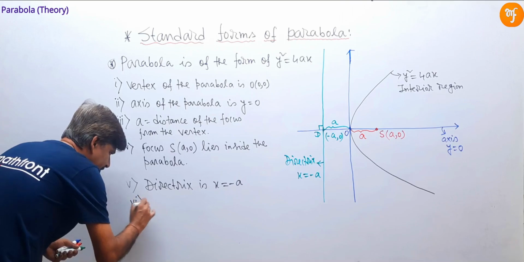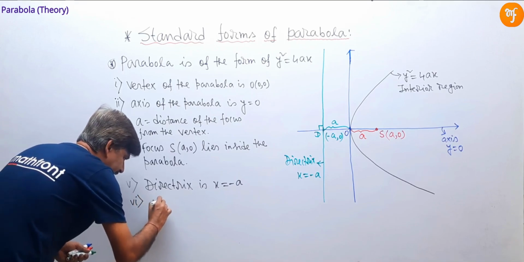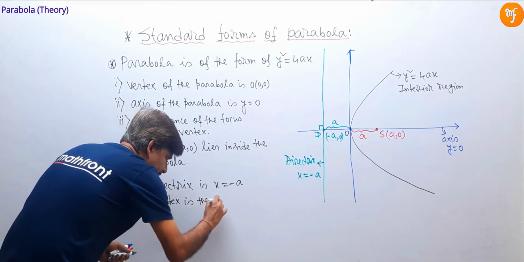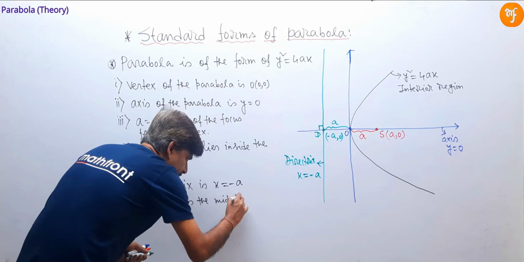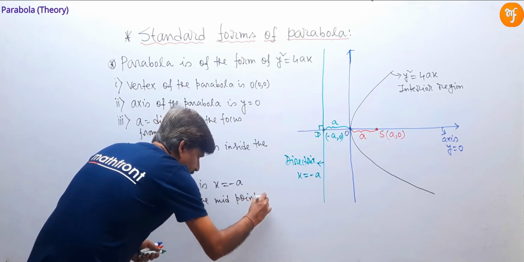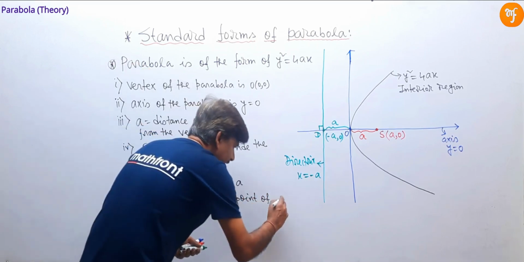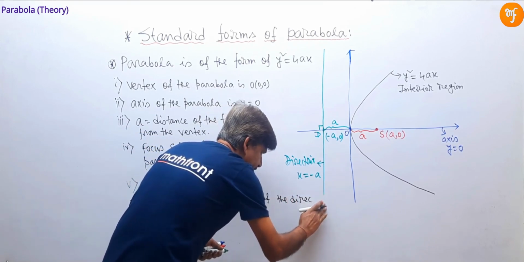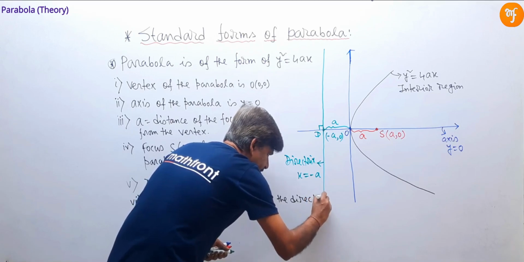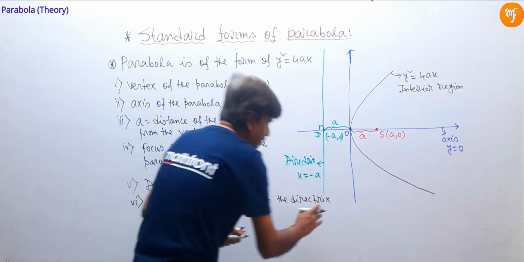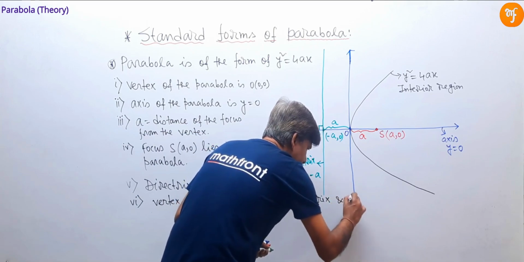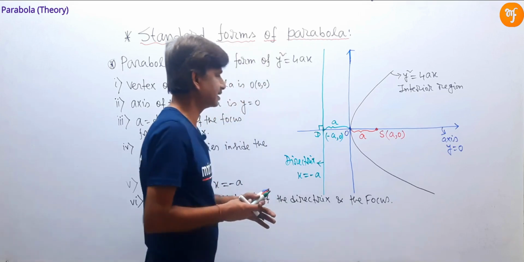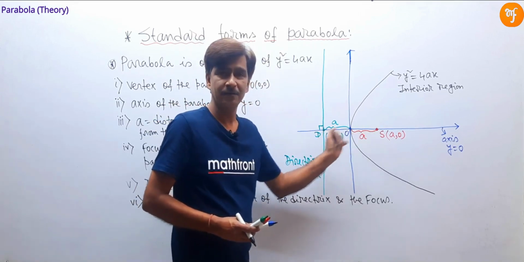We learned vertex is the midpoint of the directrix and the focus. Okay? So vertex is the midpoint of directrix and the focus.